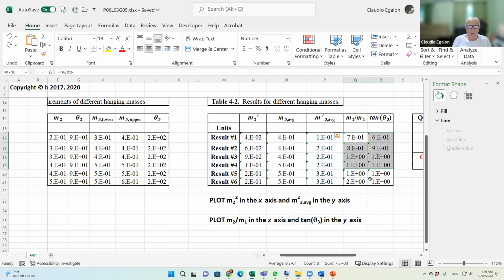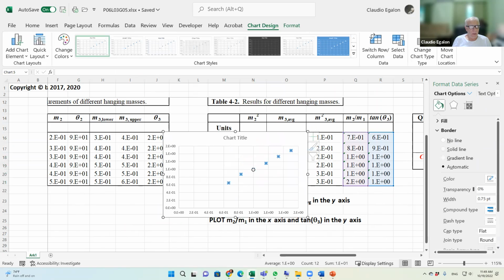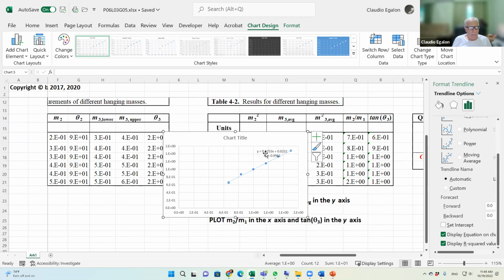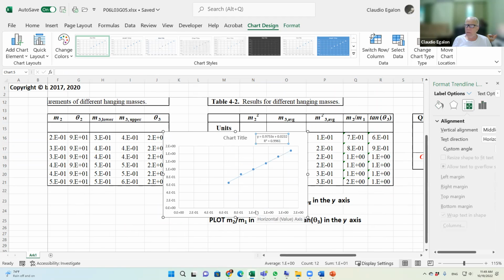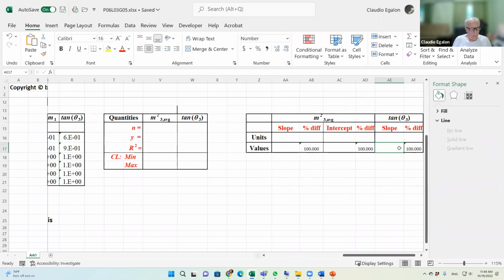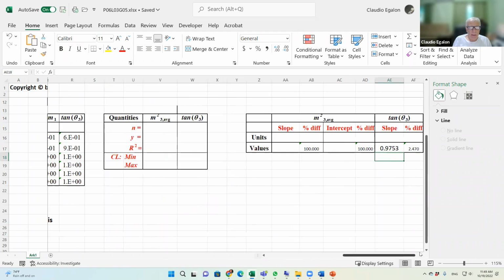Okay, now we're going to plot the other graph. This one here. Insert. Add. Yeah, 3%. See that? Less than 3%, 2.5%, because it's 0.9753. Wait a minute. It's not the one. 0.9753, right? Yeah, 0.975 is 2.5%.